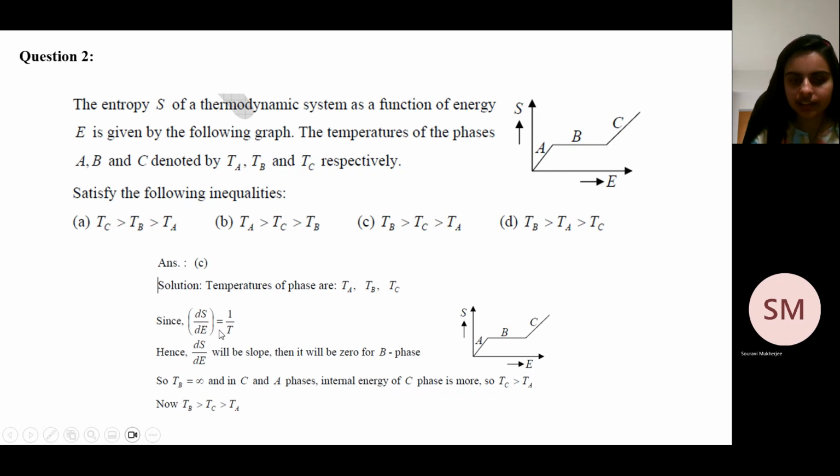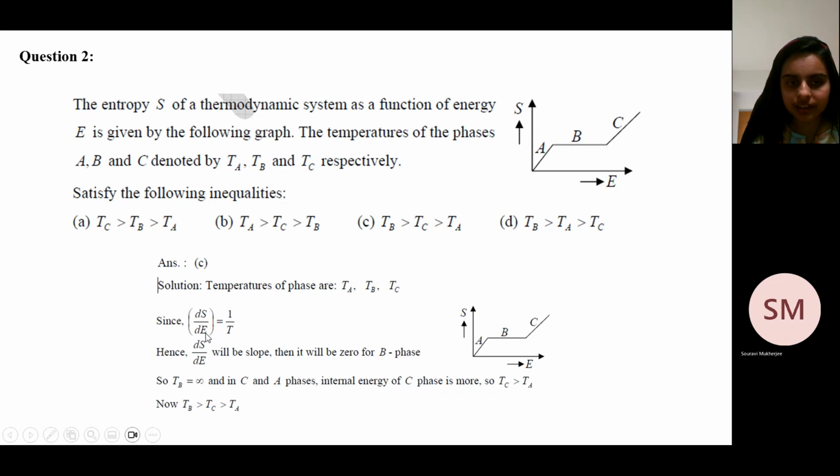So dS/dE is given as 1 by T, right? And how you get that is, if you use the definition of entropy in the first law, you would get dE equal to TdS minus PdV. And from there, you can find this relation, which tells you how entropy, energy, and temperature are related.